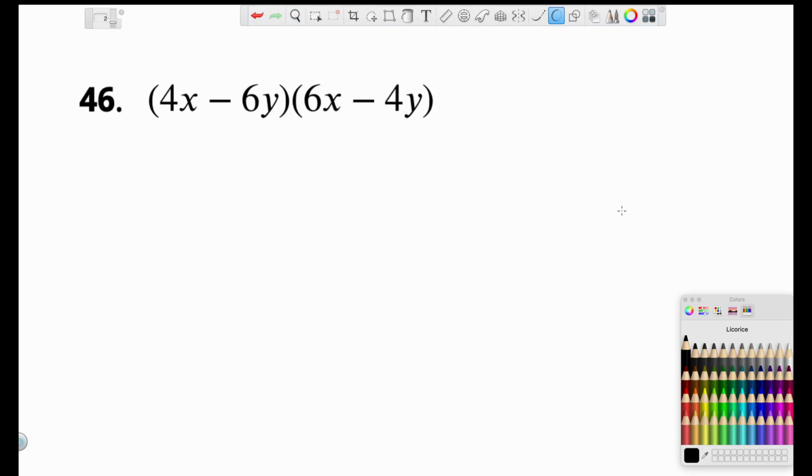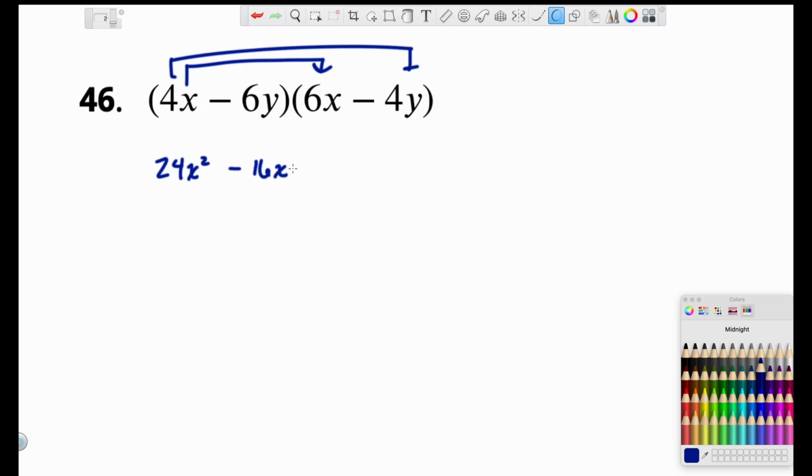Okay, we got a 2 by 2. So we're going to get 4 different terms when we multiply this. We could think about FOIL. First, outer. So 4x and negative 4y is negative 16xy. And we got inner.